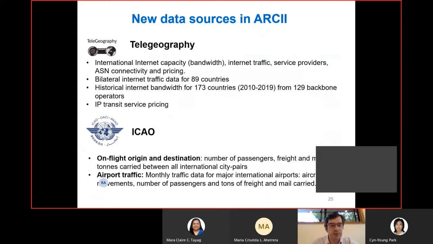Just a brief mention on the data. The most innovative data that we are introducing in this new version is bilateral data on internet capacity and bandwidth, which is very rich because it reflects what is the traffic and the capacity at the country level. We also have the historical internet bandwidth for a large number of countries. Second, the data on flight origins and destinations that I mentioned before.